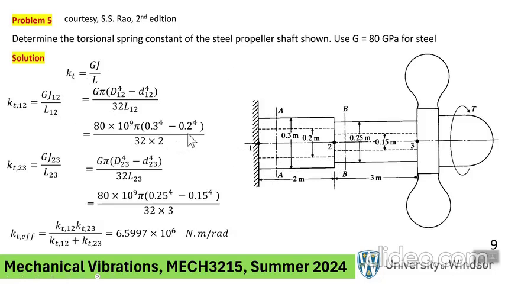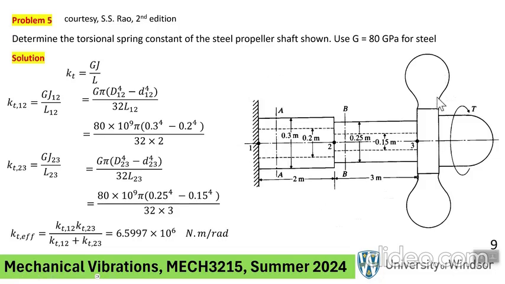These two springs are in series. Even for axial loading, when the springs were like that, they would be in series. If they were parallel to each other, they would be in, what do you call it, in parallel.